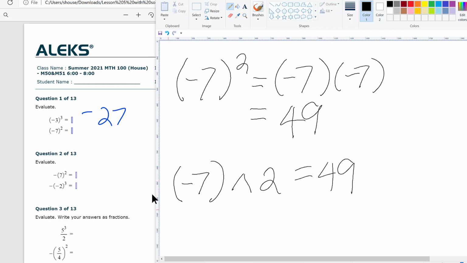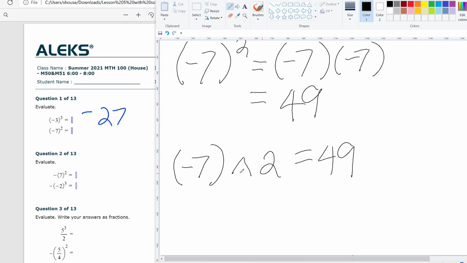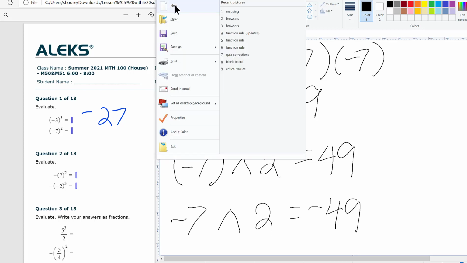Now, even though without the parentheses you could get the first one right, you will miss this one if you don't put the parentheses. If you don't believe me, put this in your calculator, and you'll see that it just gives you -49.